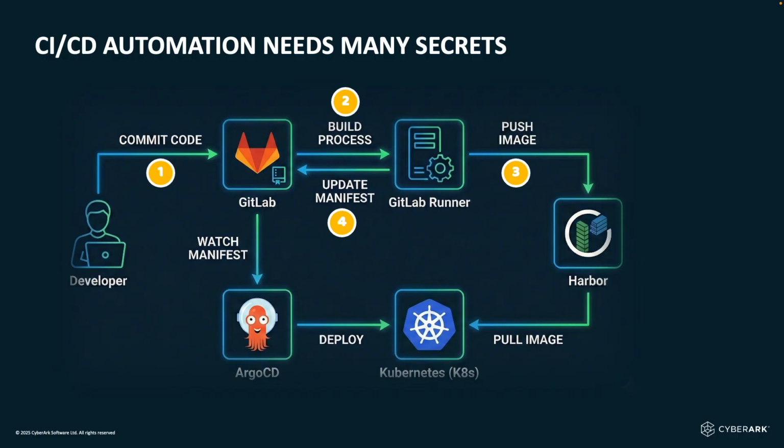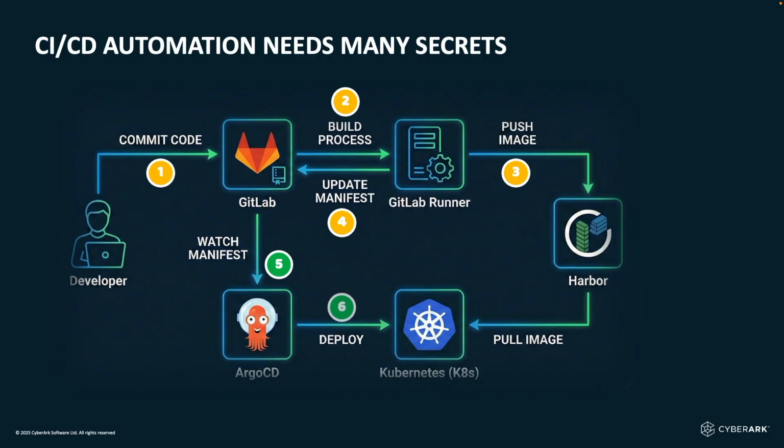From a CD perspective, ArgoCD will continuously monitor the manifest inside GitLab. So it needs to connect to GitLab and do the discovery there, so it needs to have a token to read the repo.